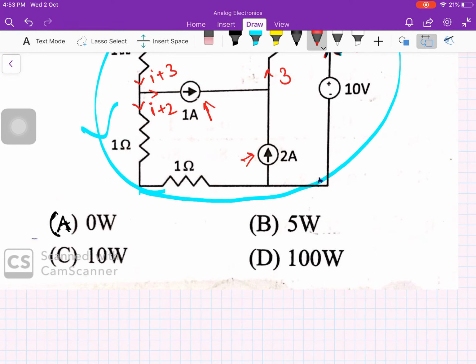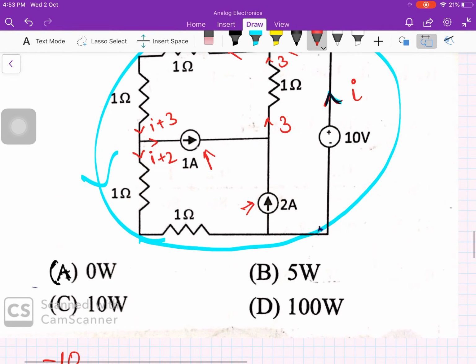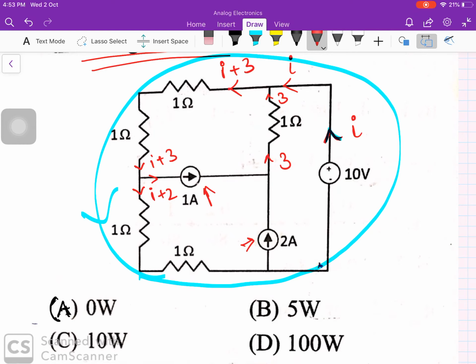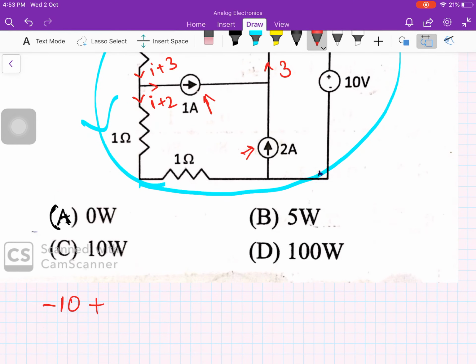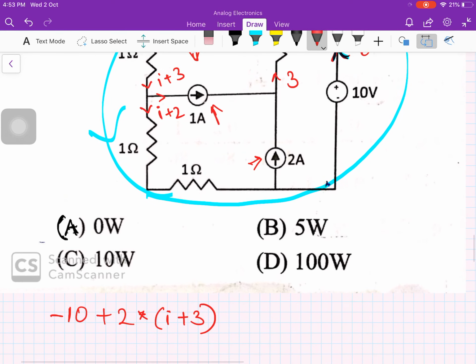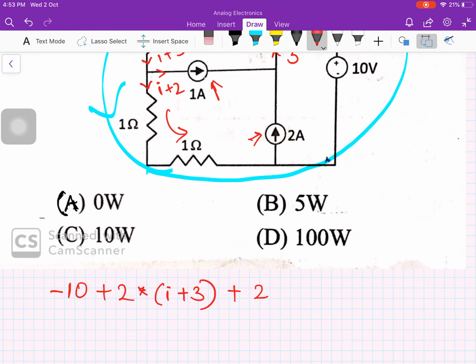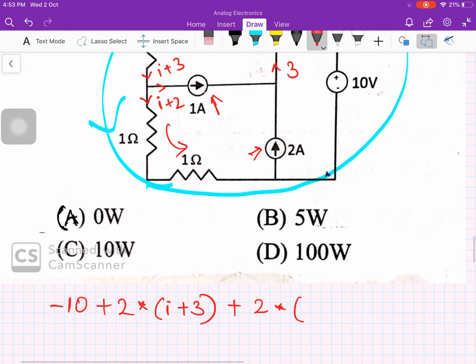So we can write minus 10 volts, then this I plus 3 flowing across these two series resistors, 1 ohm and 1 ohm, that will give me 2 ohms into this current, which gives the voltage drop 2 into I plus 3, then plus, then here again 2 more resistors are in series, so 2 ohms into the current flowing, which is I plus 2, equal to 0.